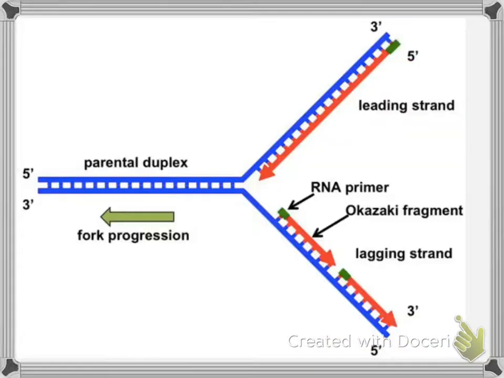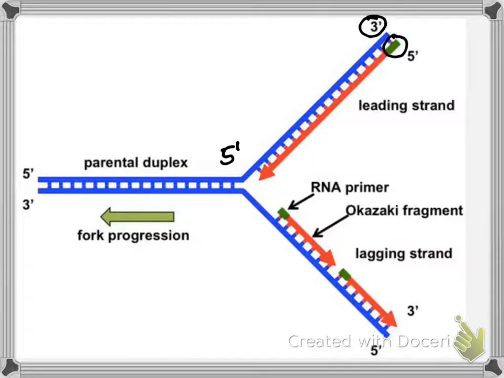So this is going to pose a really interesting problem for the replication fork, because on the one side, the pol 3 is moving forward. So again, over here you've got your original 3', and this would be your original 5' template.